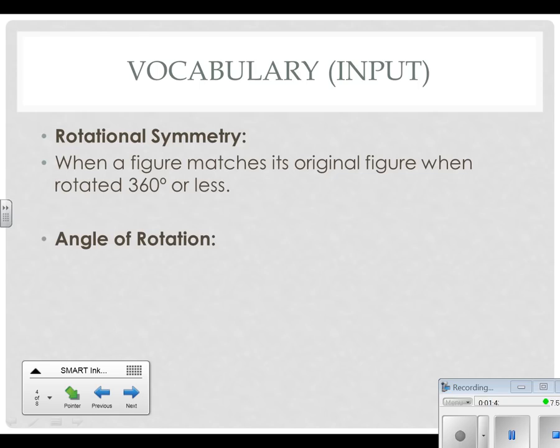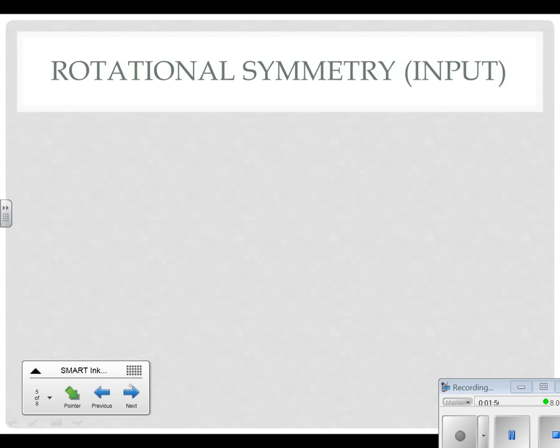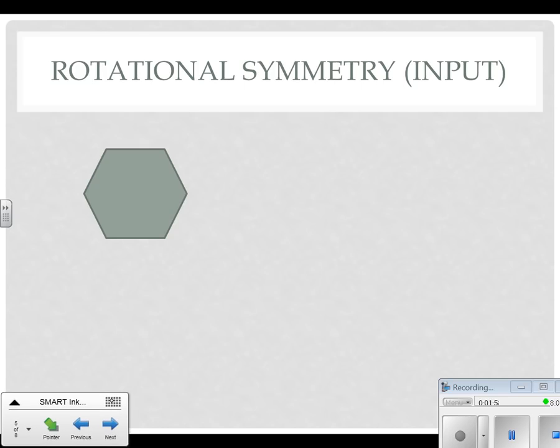The angle of rotation is the number of degrees a figure rotates. So when we are looking at rotational symmetry and that angle of rotation, what we'll do here is we're going to find the angle of rotation of two images. What you do is you start with putting a point in the center of the image, draw a line going straight up to the top.